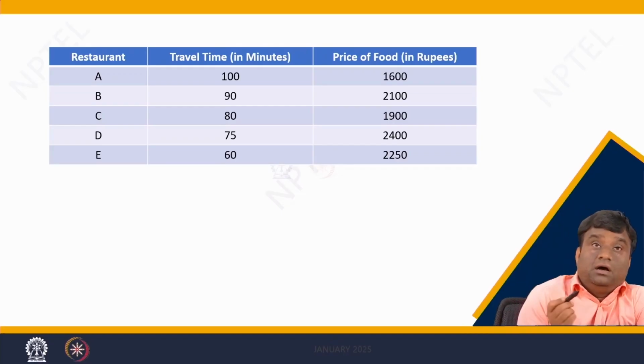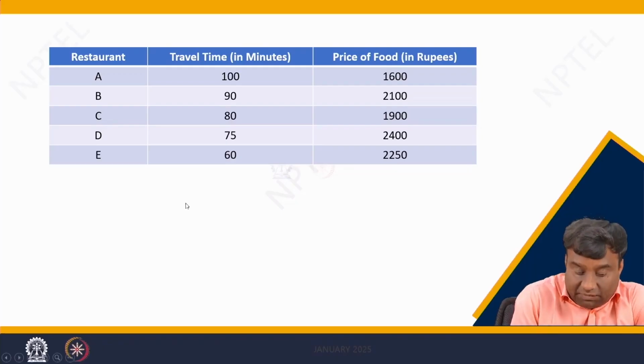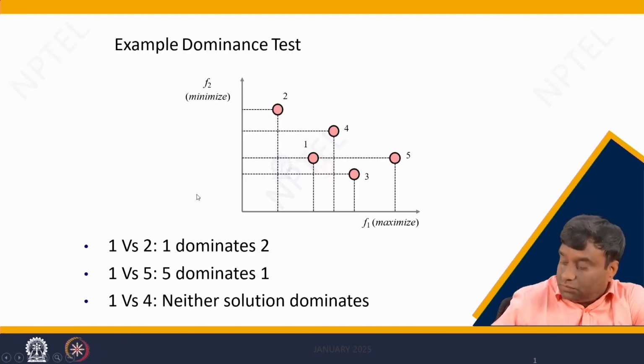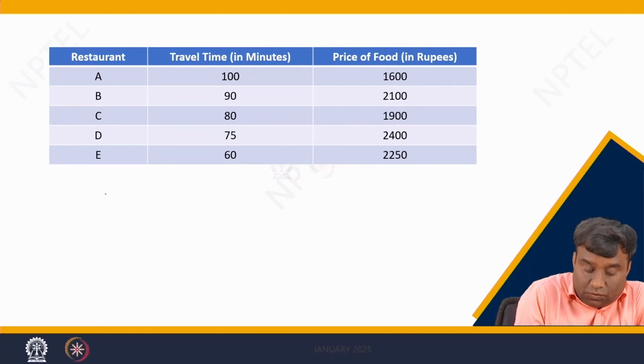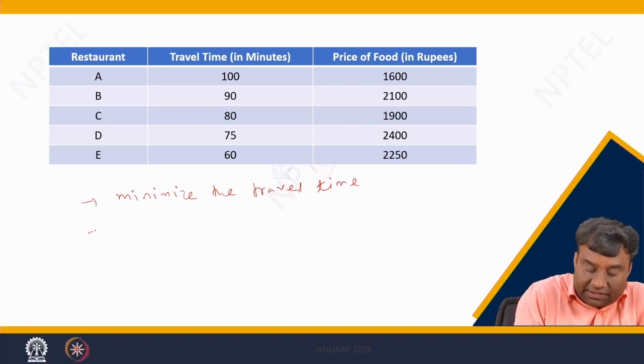So their objective is to minimize the travel time, and the second objective is to minimize the price of food.